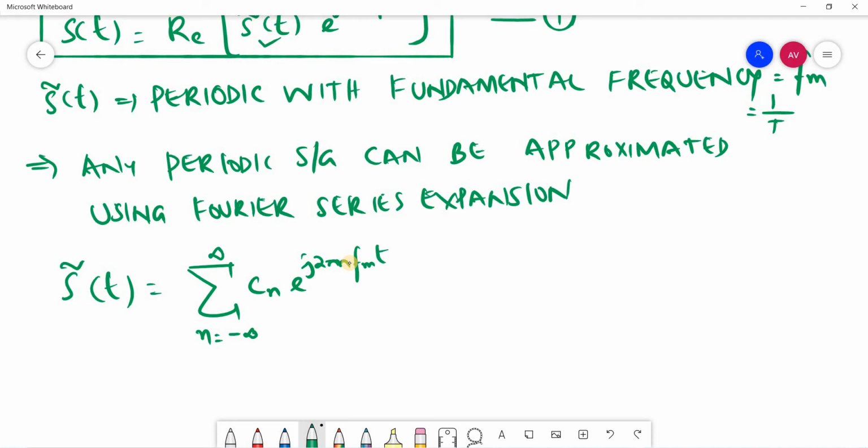So this is how you can represent s tilde of t using Fourier series expansion, where Cn are Fourier series coefficients. You have studied this in earlier semesters, right? So Cn are Fourier series coefficients.